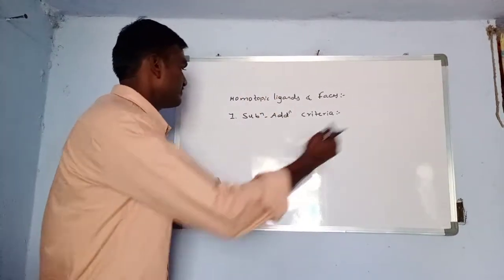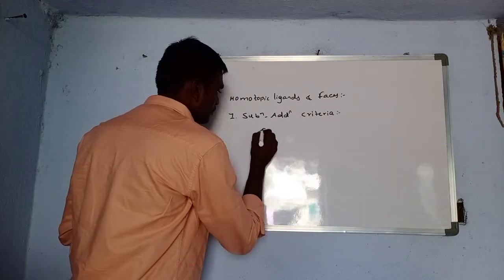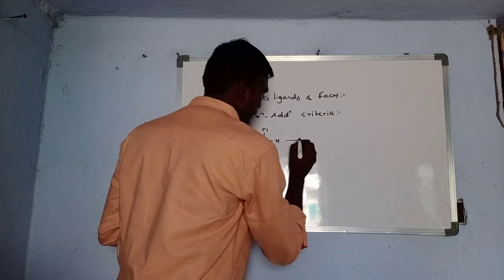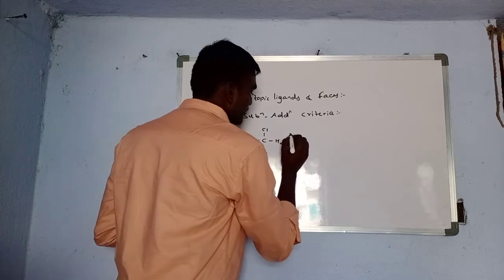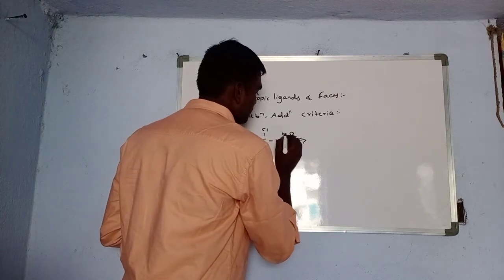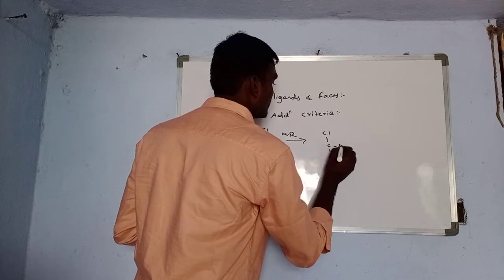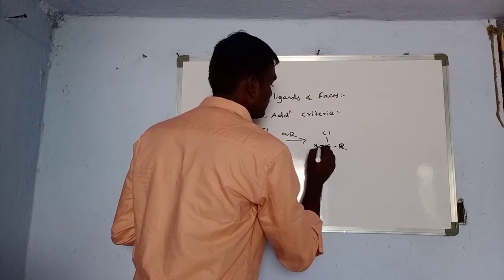Let's see one example. Let's take chloromethane. If HA is replaced by R, we get structure 1.